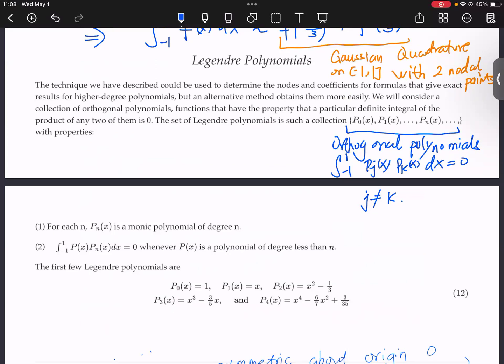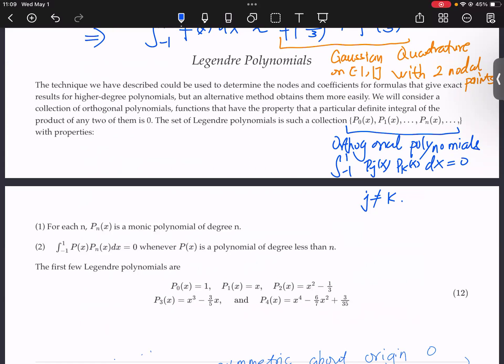First, we can do some normalization here. We require that P_n(x), the degree n polynomial in this set of functions, be a monic polynomial, which means the coefficient of the highest degree term is 1.